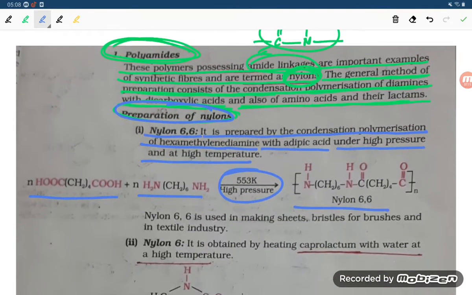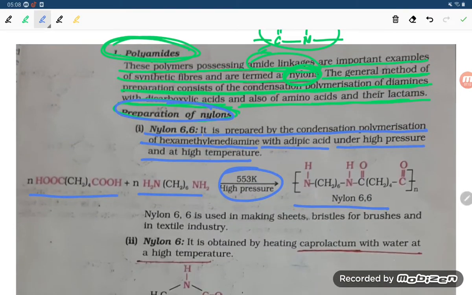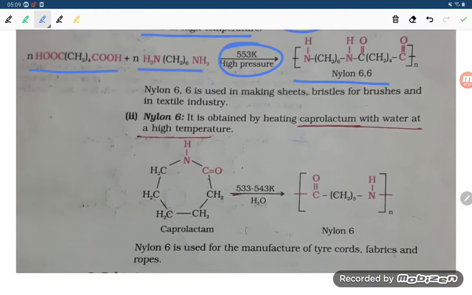they are saying polymerization at high temperature. What is the example? Adipic acid and hexamethylene diamine. So how can we formulate this? Adipic acid: CH2, how many times? It is 4 times, student.